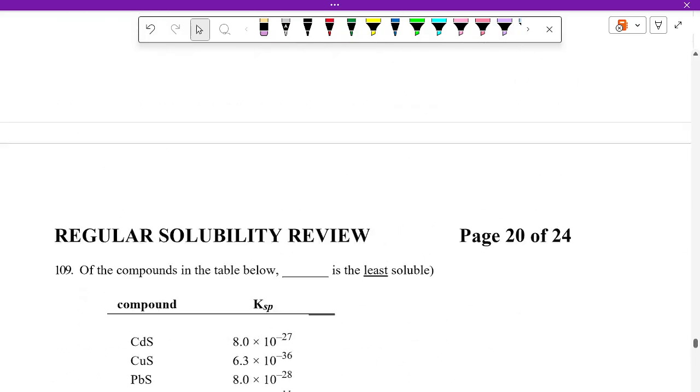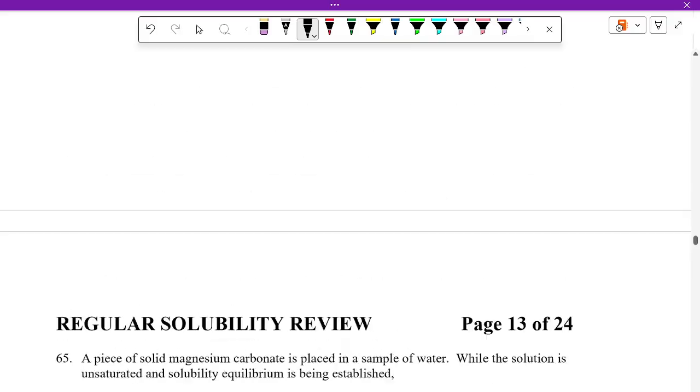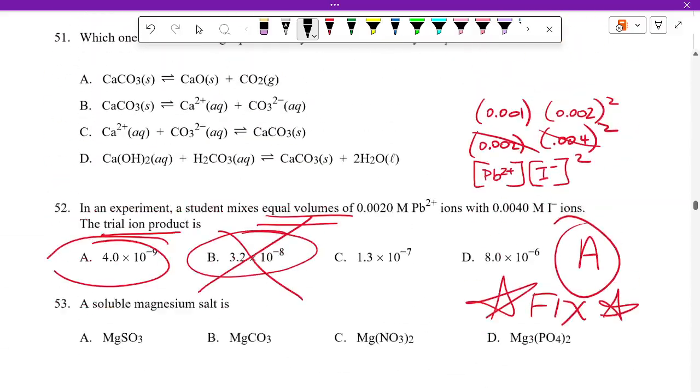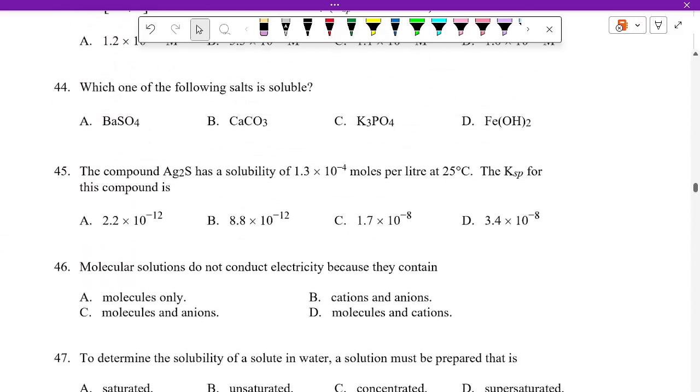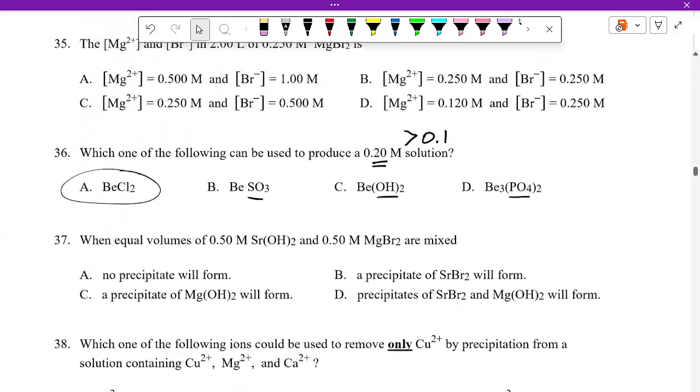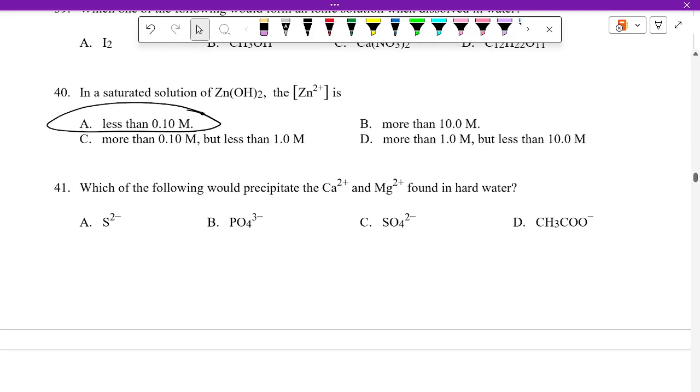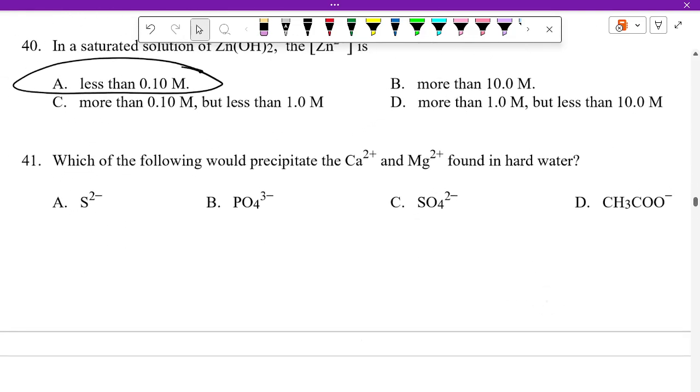What does hard water do? Okay, 41. Hard water refers to water with minerals in it, usually calcium and magnesium, but let's see. 41. So, do you actually need to know what hard water is to solve this problem? No, you don't.